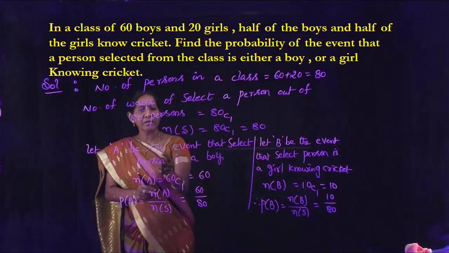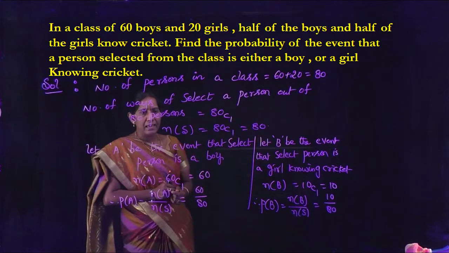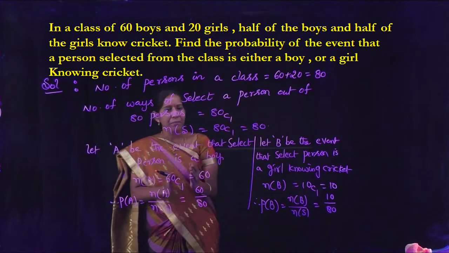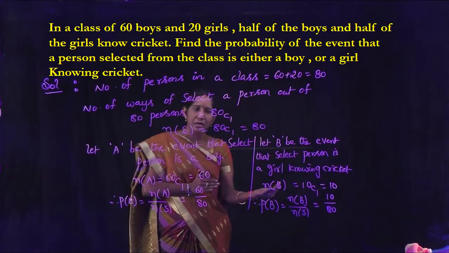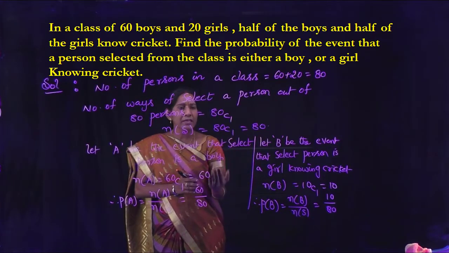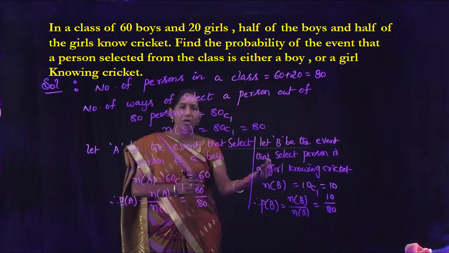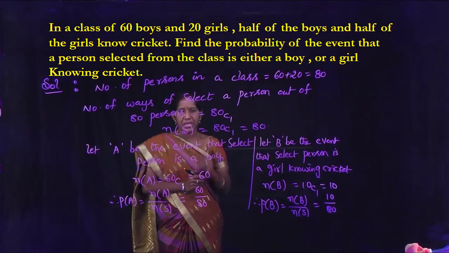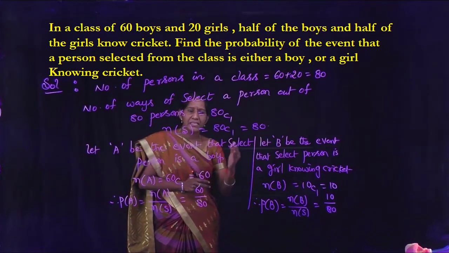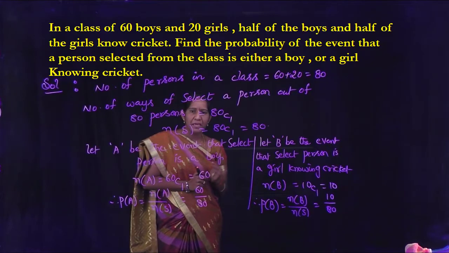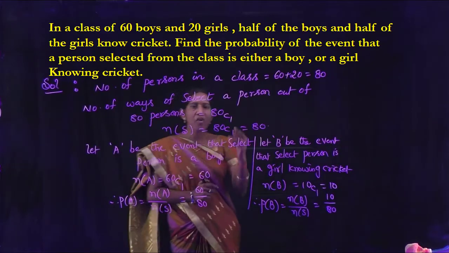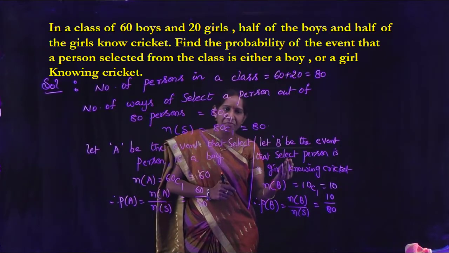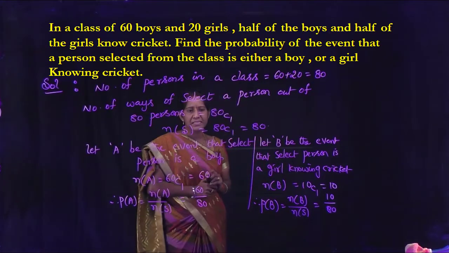So, the boy event we take as A and the girl event as B. The probability that it is either a boy or a girl knowing cricket is the probability of either A or B, that is P of A union B. So we want to find P of A union B in this problem. By the addition theorem, P of A union B is P of A plus P of B minus P of A intersection B.